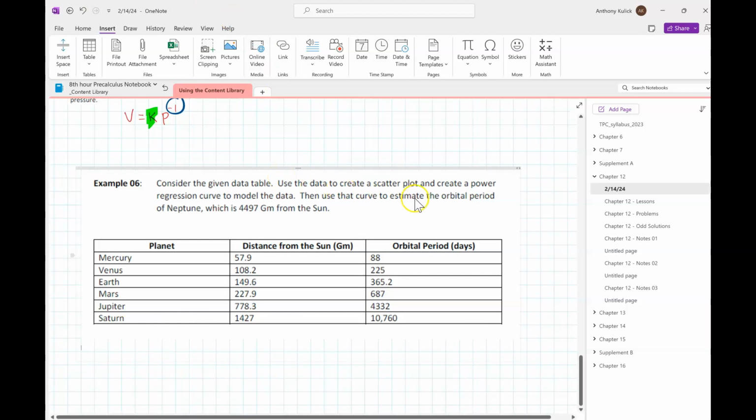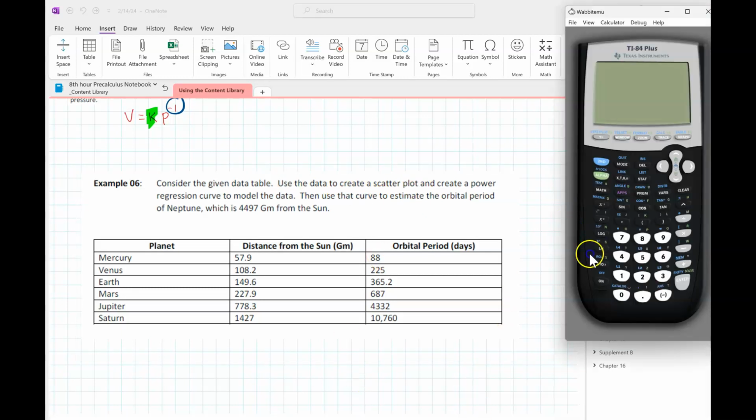Use the data to create a scatter plot. Stop. Let's do that right now. Get your calculator out. Remember how to get to places. I'm counting on you to try it on your own. I'm going to be doing it in the background while you are too. Do it.